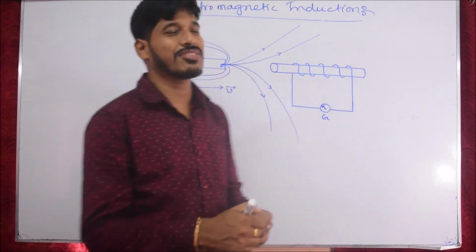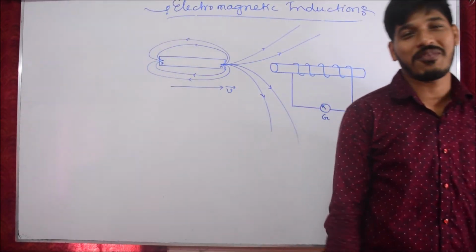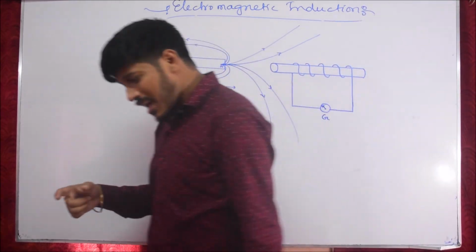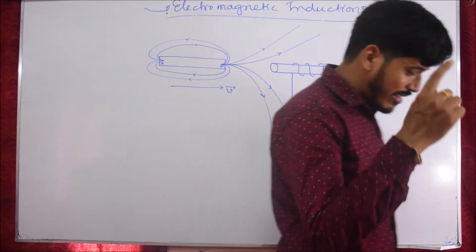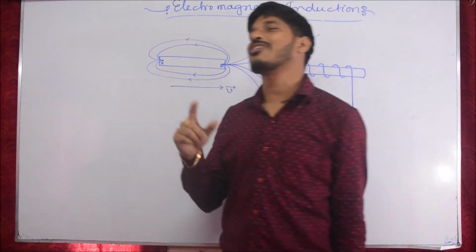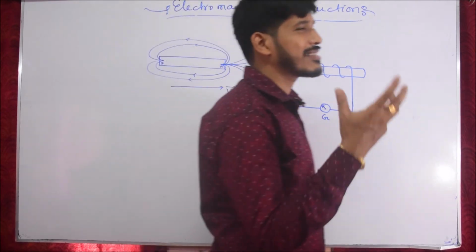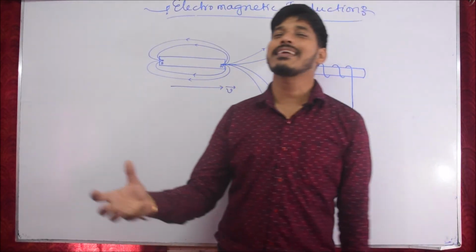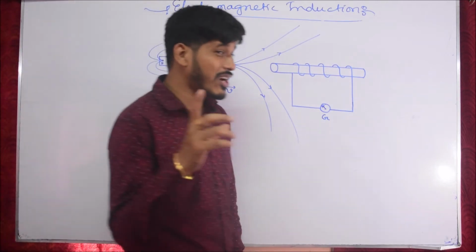And this generation of induced EMF in a coil or conductor, whenever the magnetic flux linking the coil or conductor changes, is known as electromagnetic induction.